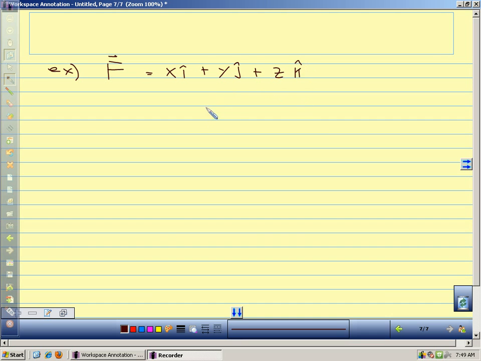So that's our field, and our surface is given by x squared plus y squared plus z squared equals 36 in the first octant. So first off, what is our surface? Sphere. We have a sphere. So we're looking at this piece of a sphere in the first octant.